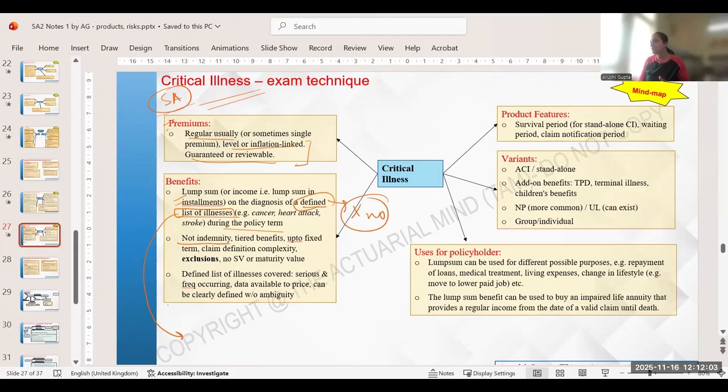But we are saying here, this is not an indemnity. Sum assured would already be fixed. It's not an unknown assumption. Does it make sense or not?